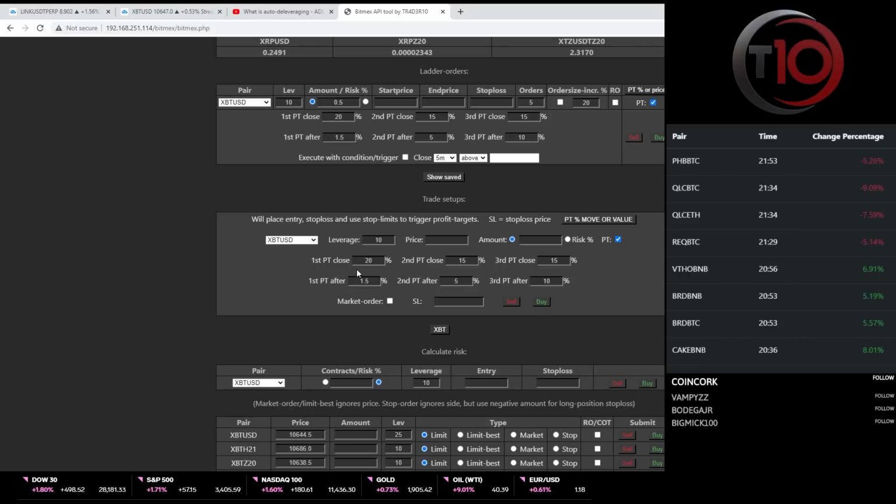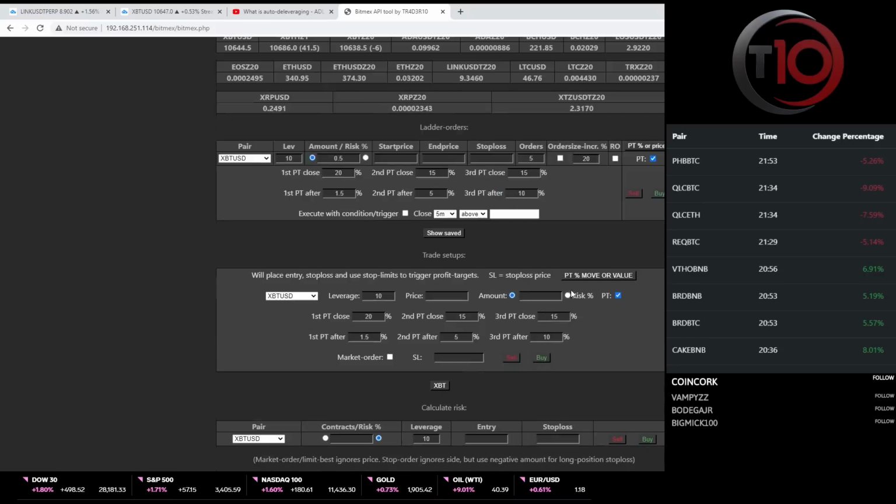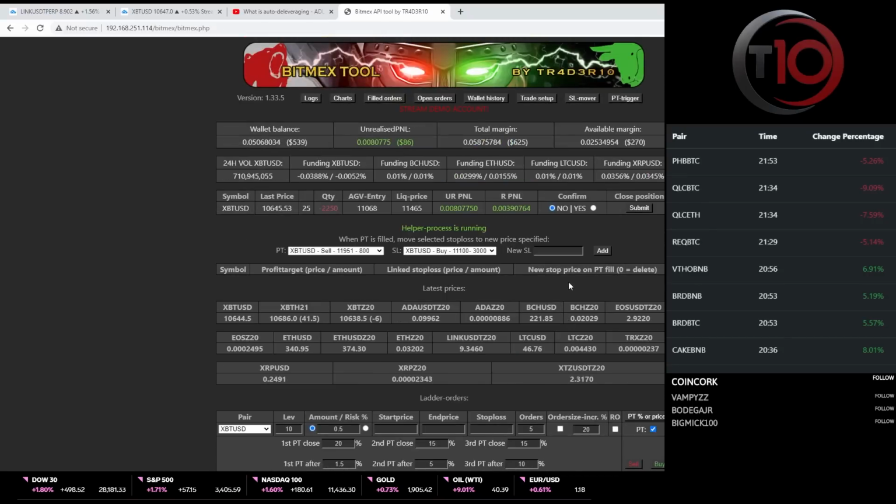These profit targets, when we mark it, are actually not stop limits. They are actually normal limit reduce only orders, because you are already filled if you mark it. Yeah, I guess that's the BitMEX tool.